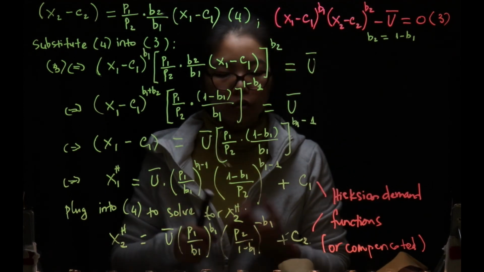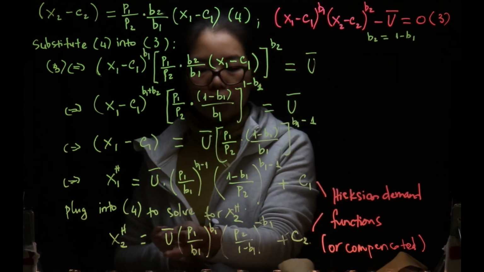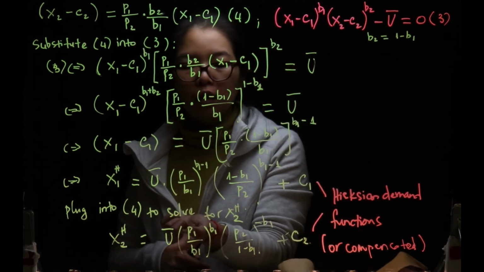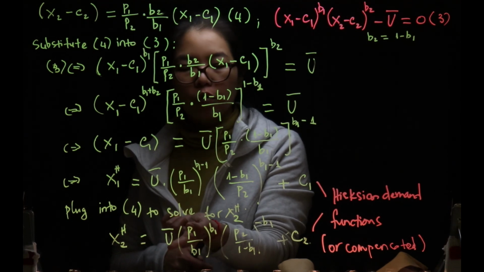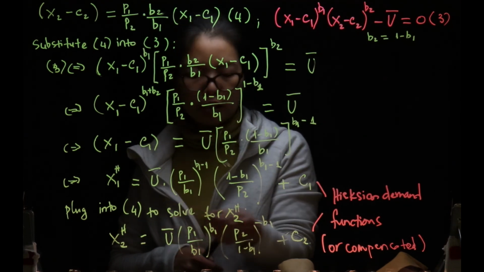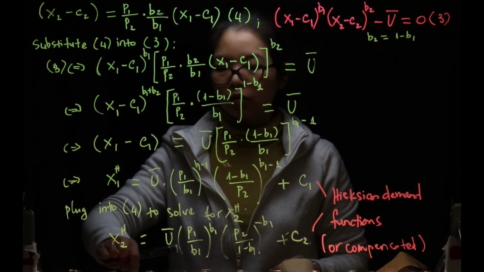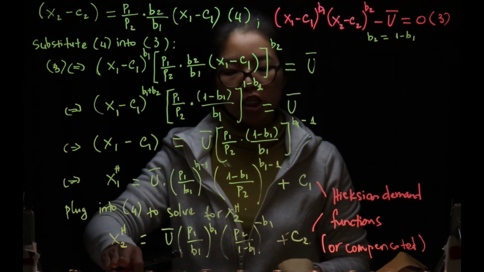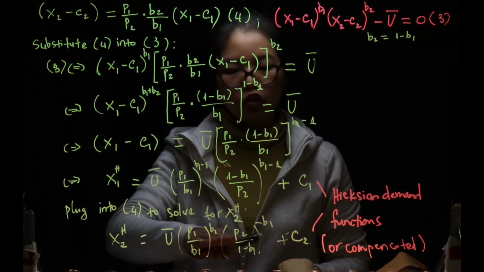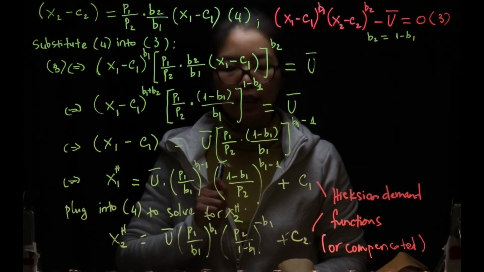And it shows you if the person were kept on the same utility level, like the u bar, the constant, how the quantity demanded will change when price changes, right?